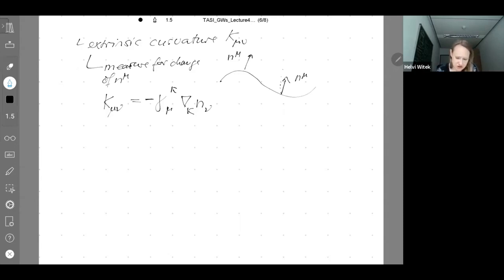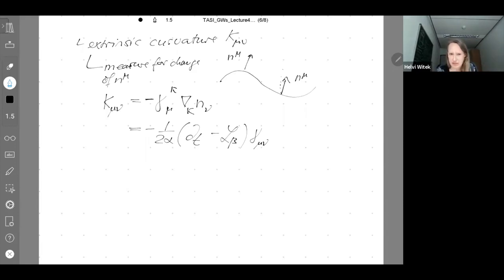And if you do the calculation carefully, you can show that this can be related to minus 1/2 alpha times the time derivative minus some Lie derivative along the shift of our spatial metric. Let me use four-dimensional indices in adapted coordinates.